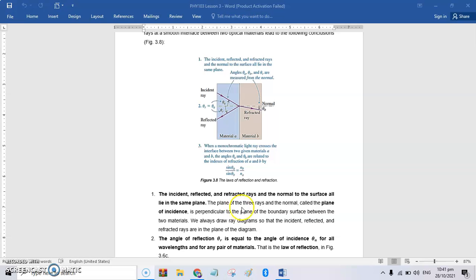Okay? The plane of the three rays and the normal is called the plane of incidence. It is perpendicular to the plane of the boundary surface between the two materials. This is the boundary of the two surfaces, so perpendicular si plane of incidence. We always draw ray diagrams so that the incident, reflected, and refracted rays are in the plane of the diagram.